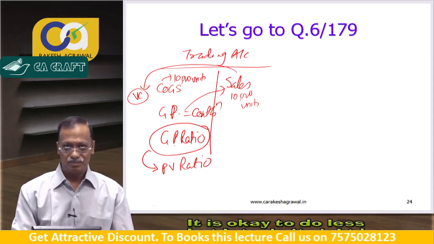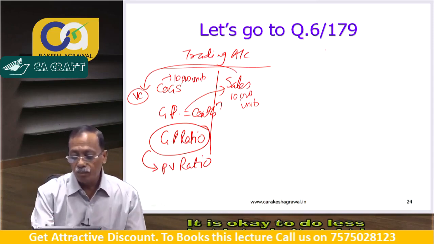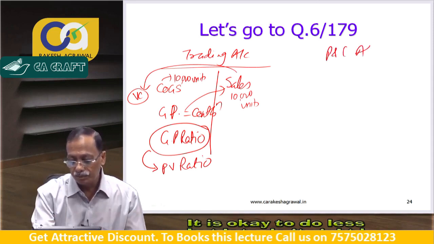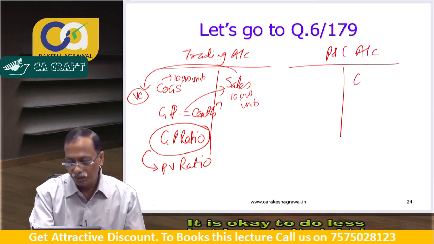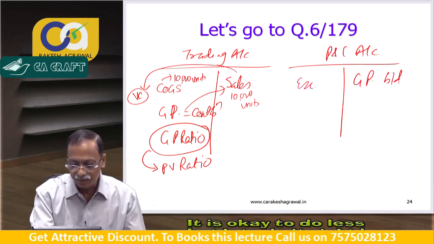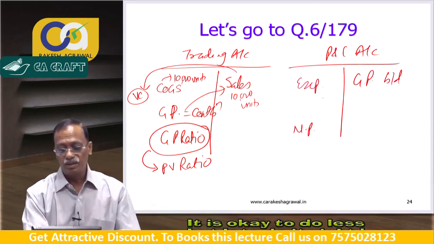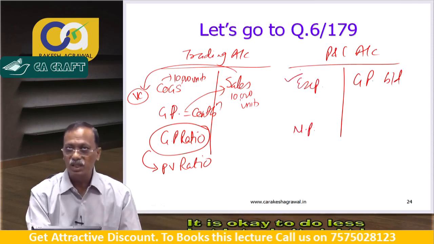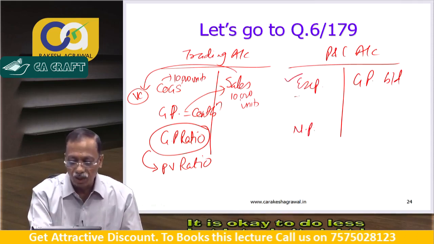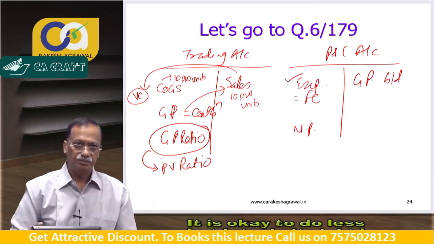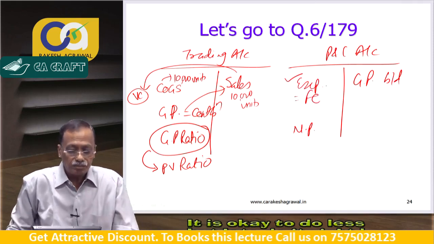Assuming that in profit and loss account, gross profit is brought down, and there are certain expenses and we get net profit, correct? I am assuming here that all these expenses which are debited to profit and loss account are fixed costs. Just understand what I am saying.